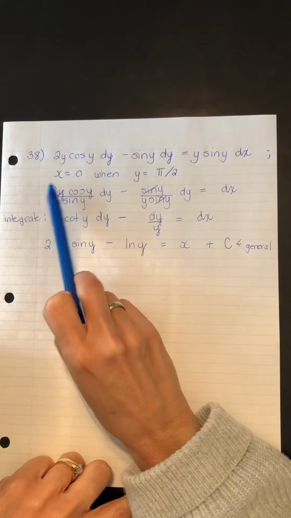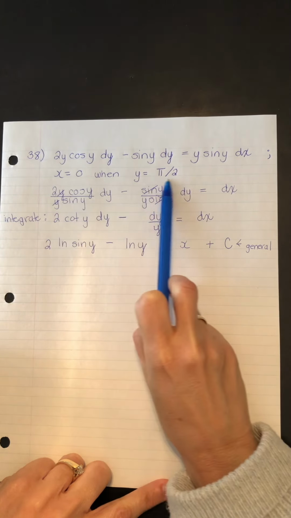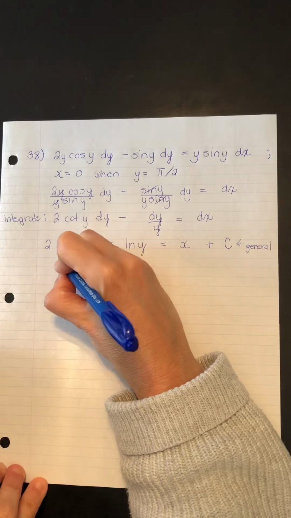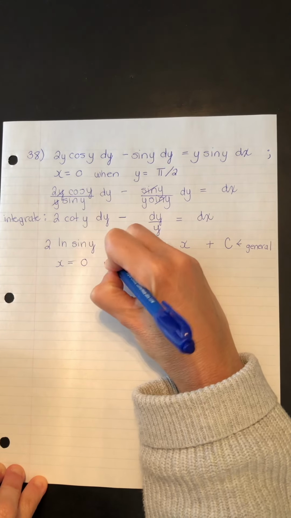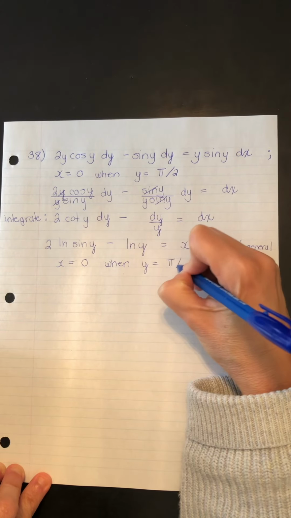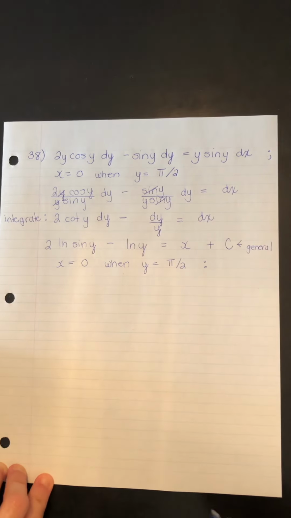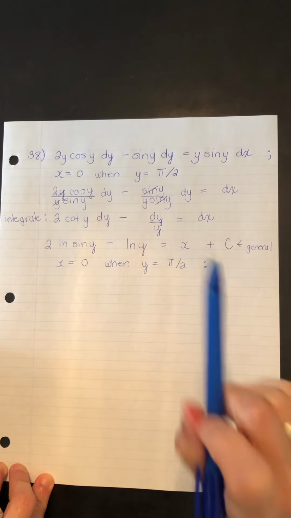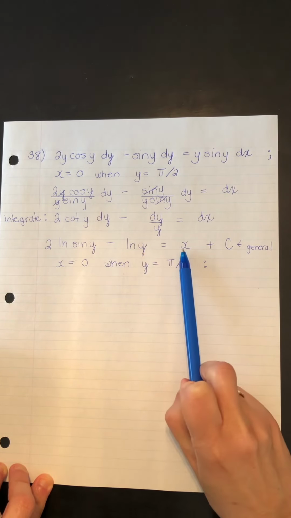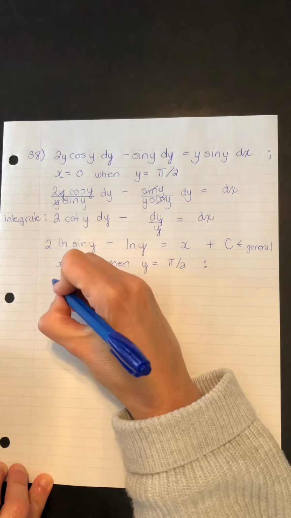And how will we do that? This question gives us this information. X is 0 when y is pi over 2. So let's use that now. I'm going to be substituting pi over 2 here as well as here, and a 0 right there.